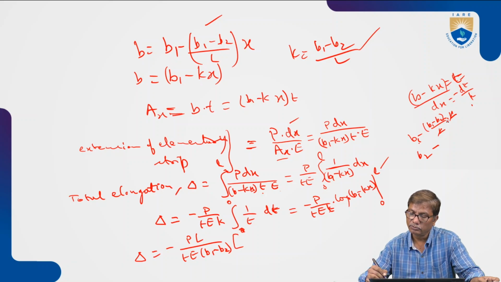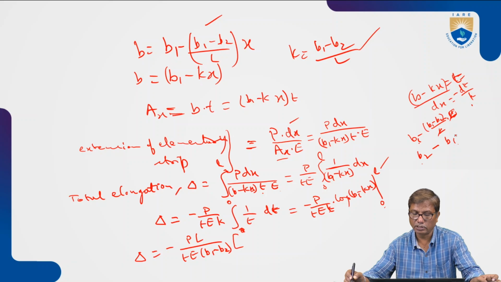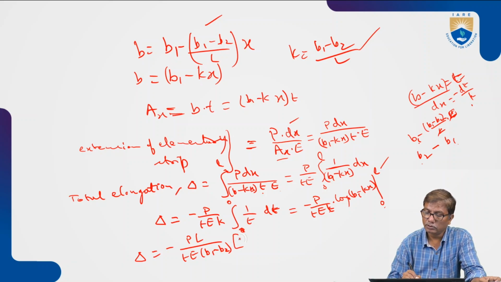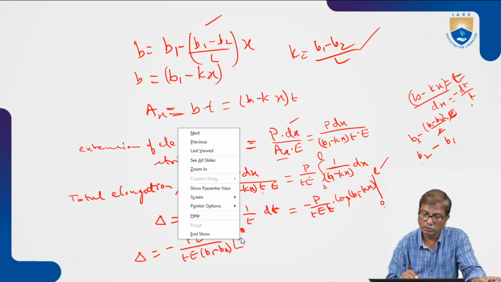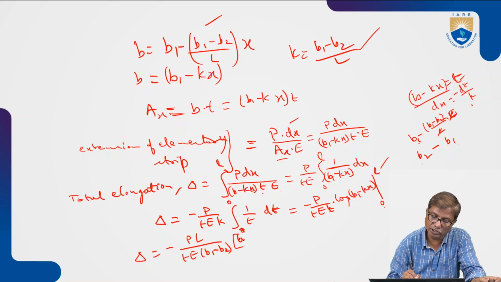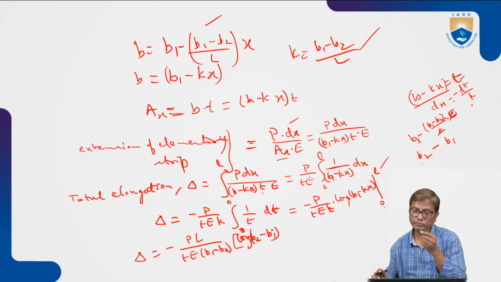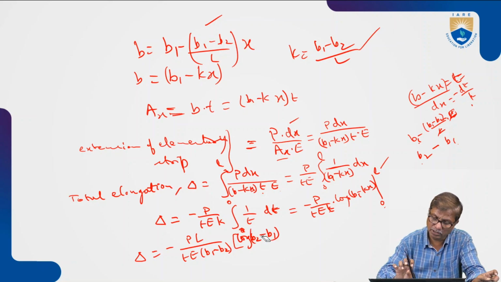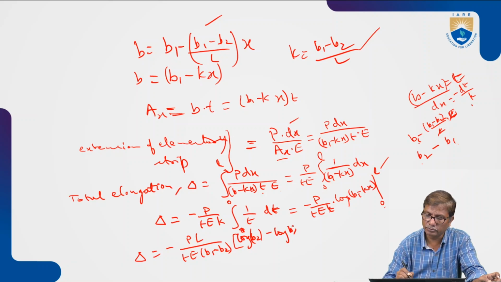When you substitute 0, the lower limit, what will you have? b1. So you will have log b2 minus log b1.